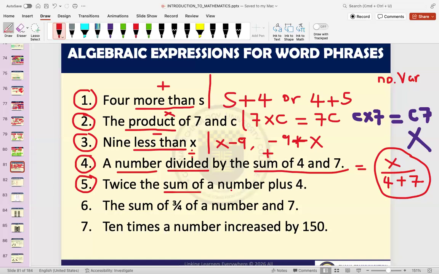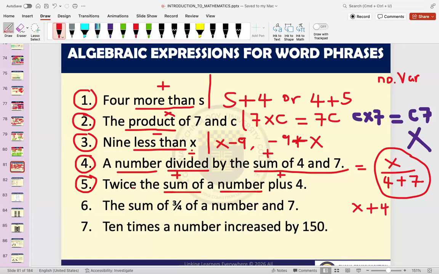Twice the sum of a number plus 4. So first of all, x plus 4, x plus 4.